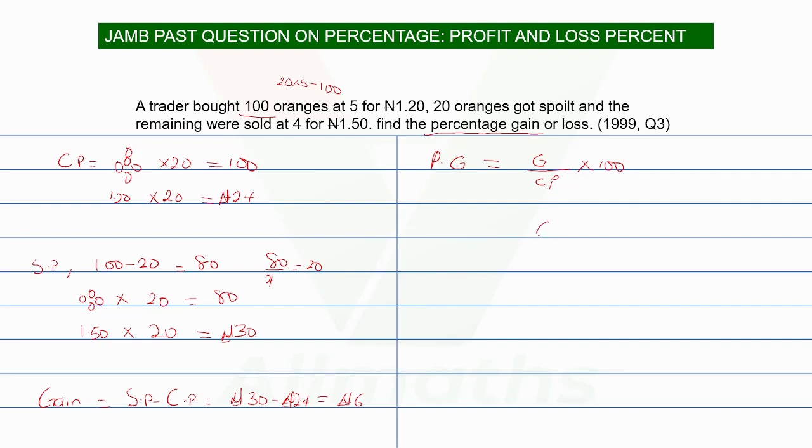And in this case, our gain is 6 naira, the cost price is 24 naira, multiplied by 100. Remember, up and down, 6 can be divided by 6, 1. 24 can also be divided by 6, 4 times. 4 can be divided by 4, 1. 100 can be divided by 4, 25 times. And this trader made a profit of 25%.